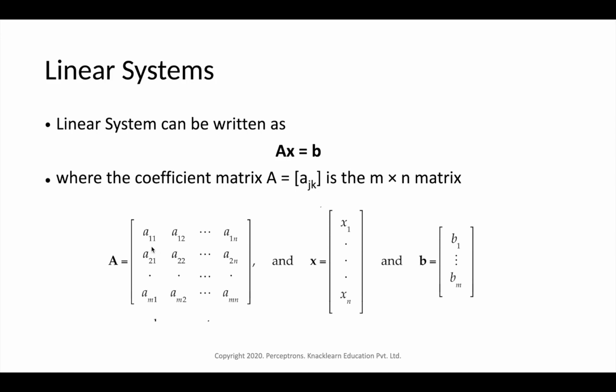A has coefficient values a_jk, where j is the row number and k is the column number, and is an m cross n matrix. And x has components starting from x1 to xn, so n components, and b has m components. So this is called a linear system.